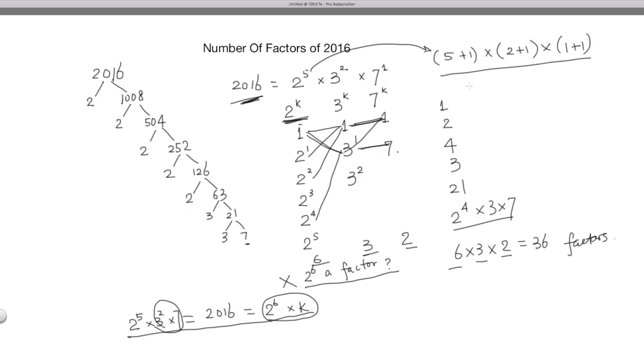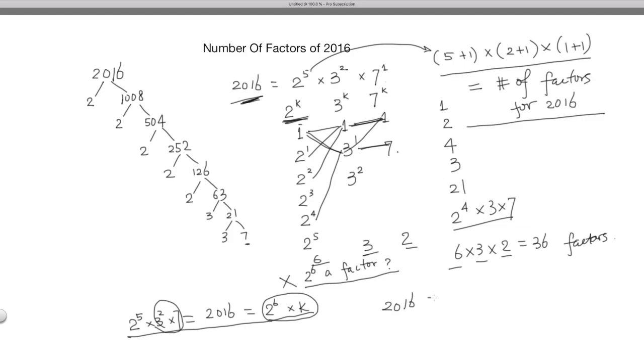And that's the number of factors for 2016, which is 36.